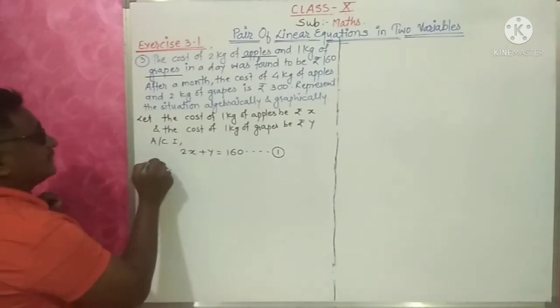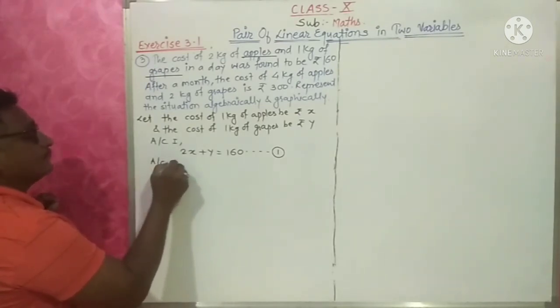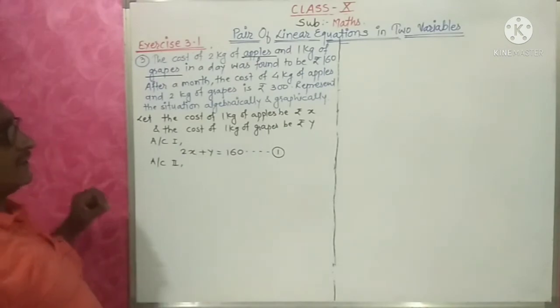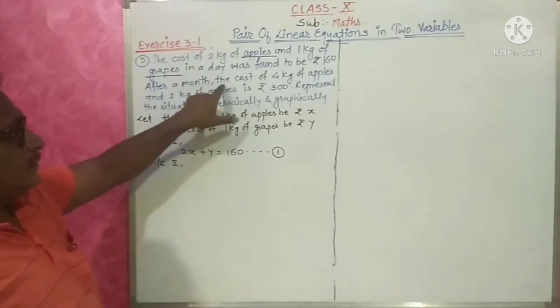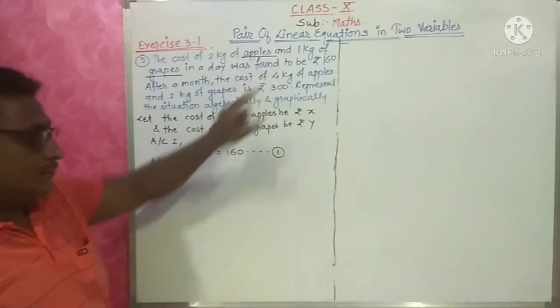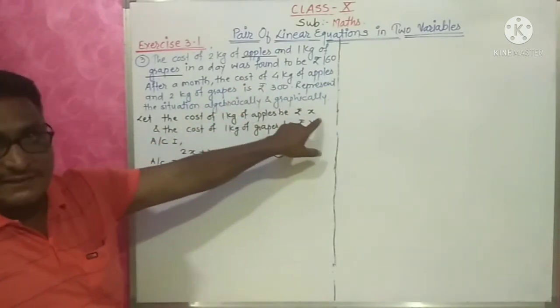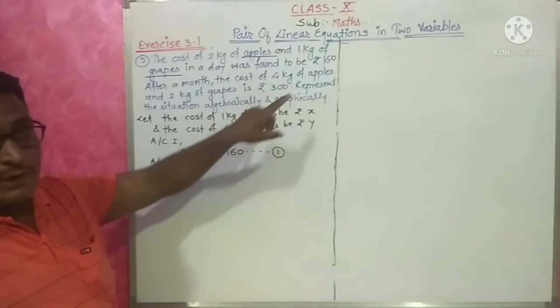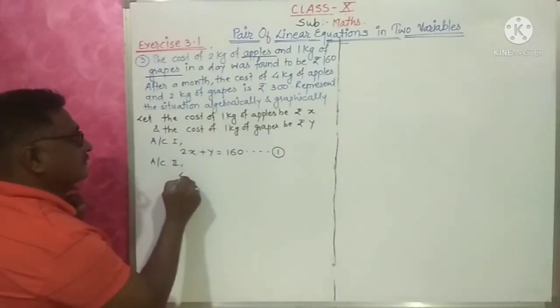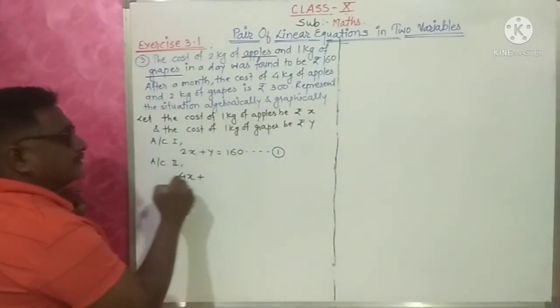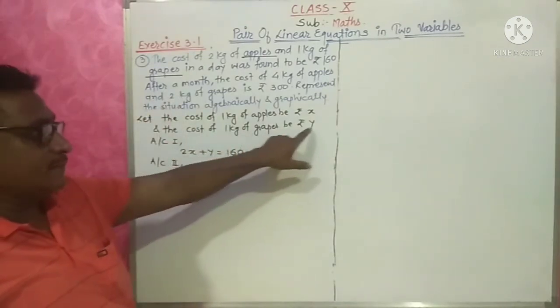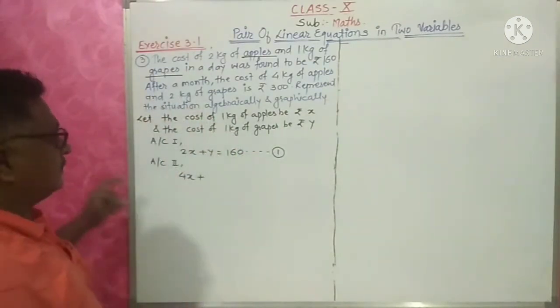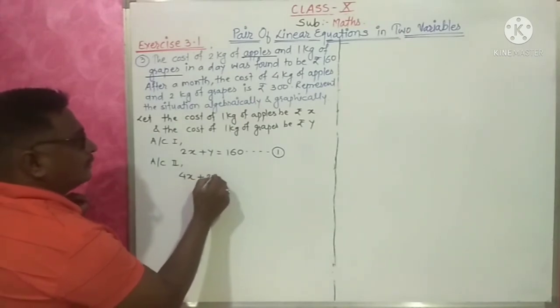Now the second condition. After a month, the cost of 4 kg of apple is 4x, plus 2 kg of grapes, 1 kg costs Y, so 2y.